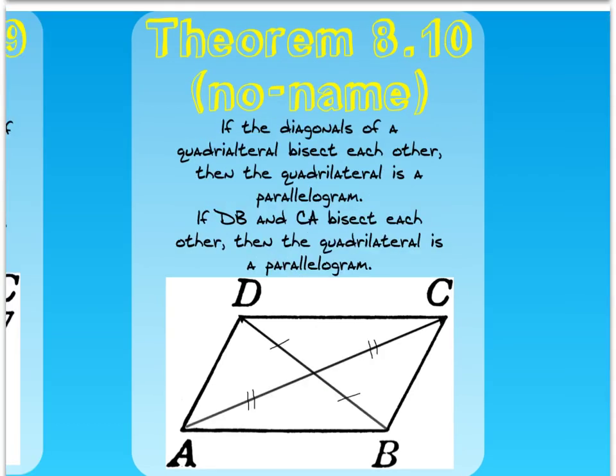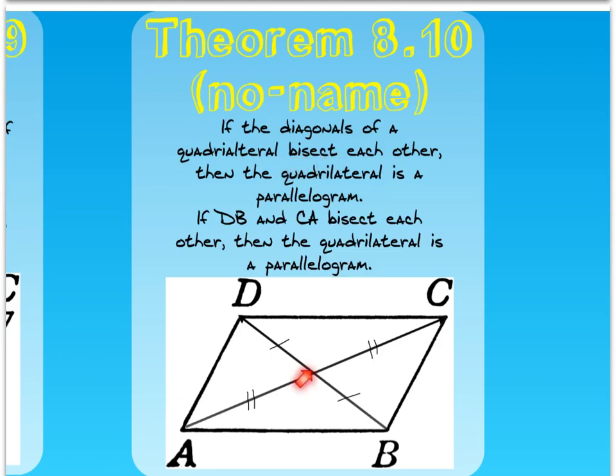This last one describes bisectors of the quadrilateral. So if we take the diagonals of this quadrilateral, DB is one of the diagonals and AC is the second one, these intersect. I don't want you to confuse the term intersect with bisect.